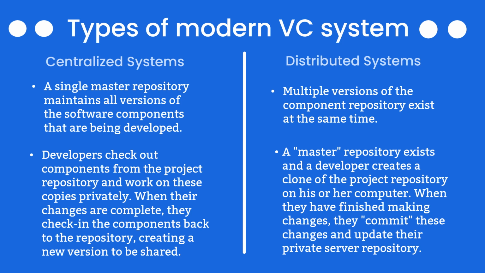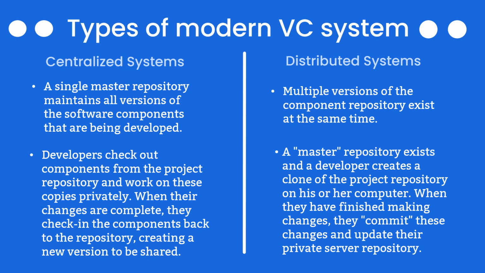Here we note that to support independent development without interference, all version control systems use the concept of a project repository and a private workspace. The project repository maintains the master version of all components, which is used to create baselines for system building. The difference in the use of the repository is as follows.